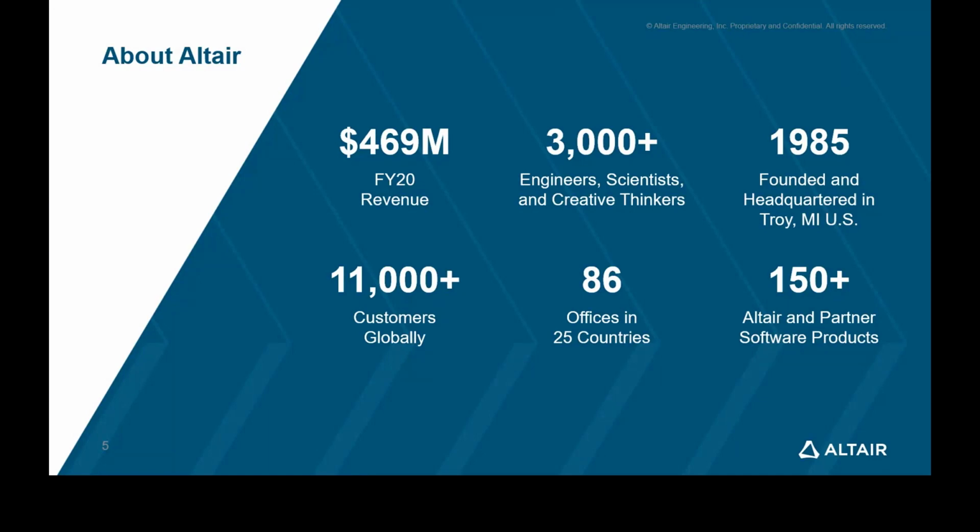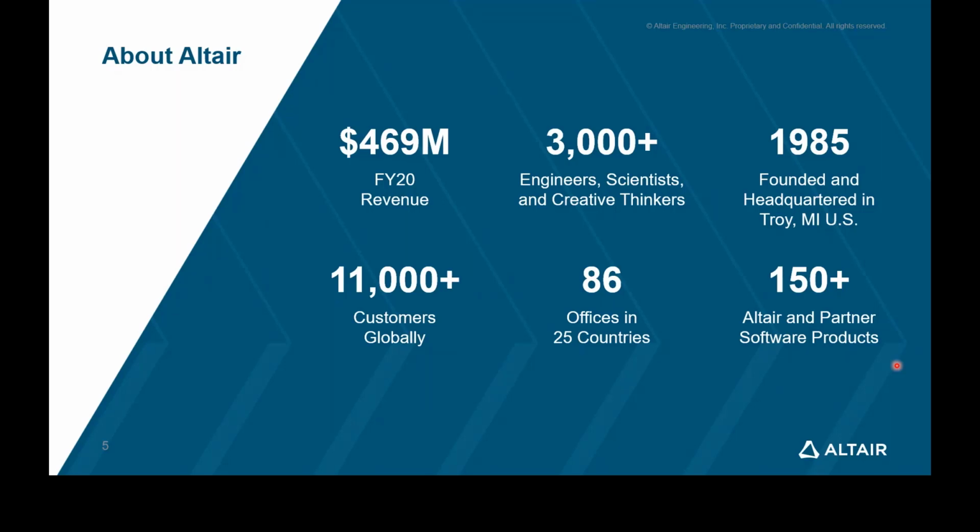So I hope you enjoyed the short video. And this is to say that we are in every field of engineering that's out there in making products and those kinds of things. Of course, Altair started as a small company back in 1985 in Troy, Michigan, and now has grown to an international company with offices in 25 countries, more than 11,000 customers, and partner programs around 150 or so.